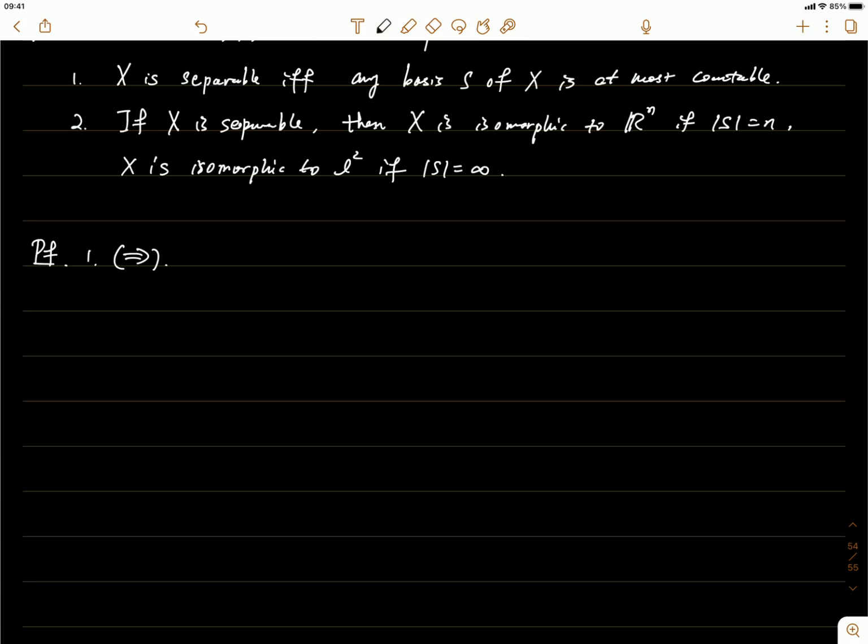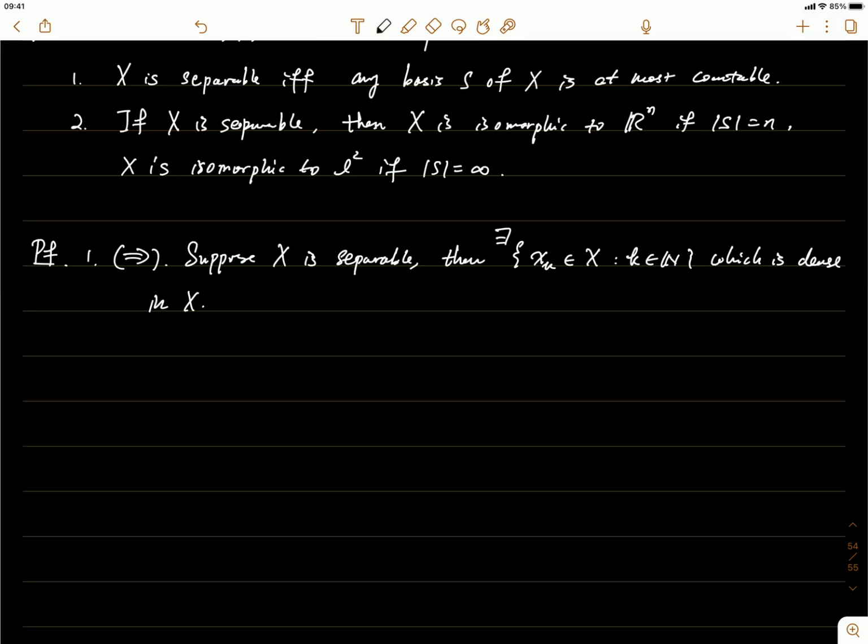Suppose that X is separable, then it has a countable dense set. We denote it by x_k.